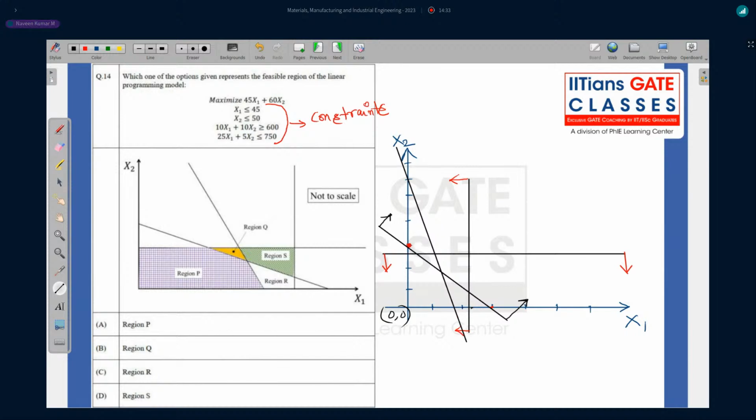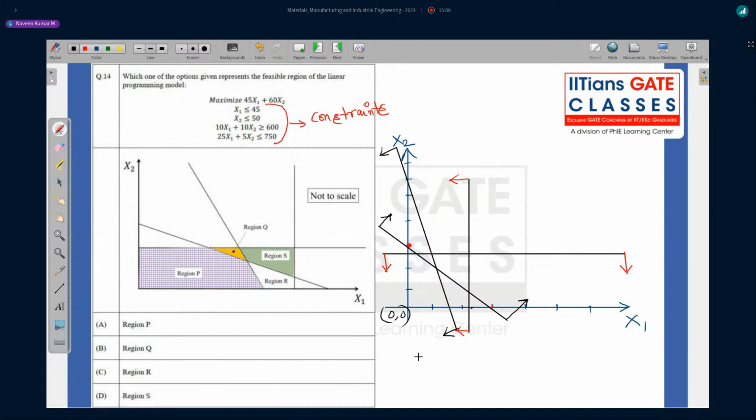Somewhere like this. Okay. Now you have to shade this side. Which side? If it is satisfying 0 comma 0, you have to shade in the direction of origin. If it is not satisfying, away from the origin. As it is satisfying, you have to shade in this direction only.